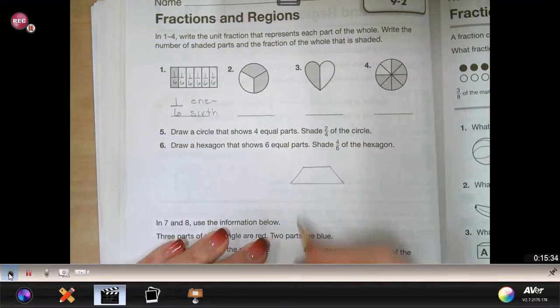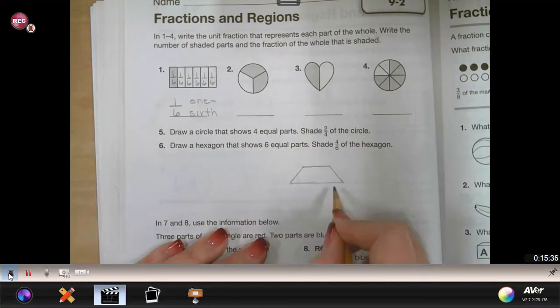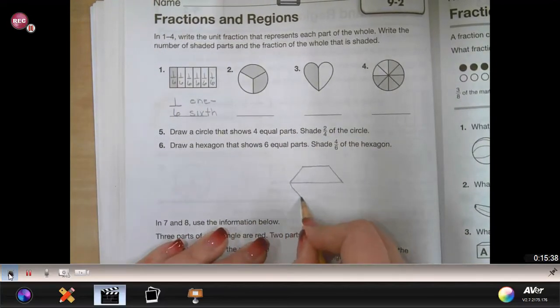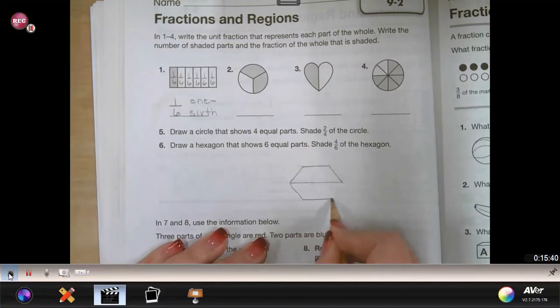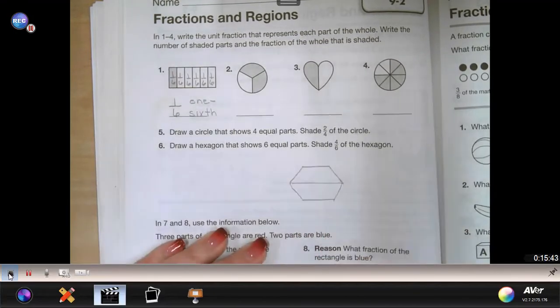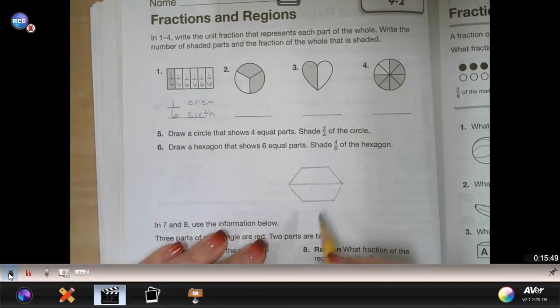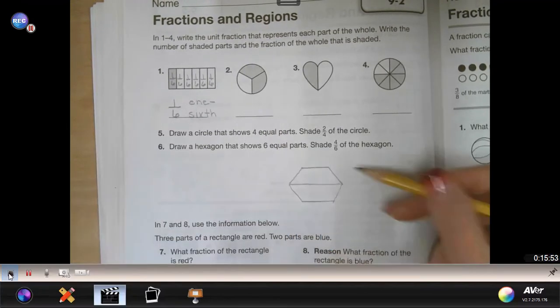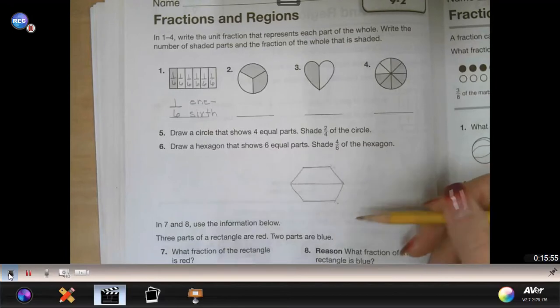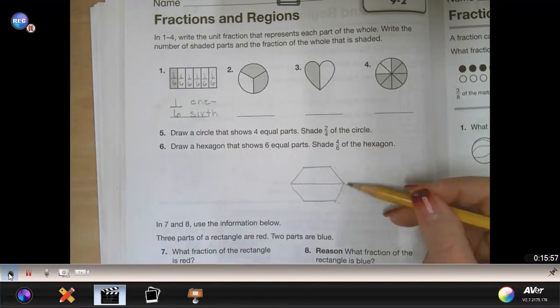Once I have that first trapezoid, now I can use that middle to help me with the other parts of my trapezoid. There's your trapezoid. Your hexagon. So I take 2 trapezoids and put them together, one above the other, where you flip it. So this would be flipped to make 2 trapezoids into 1 hexagon.